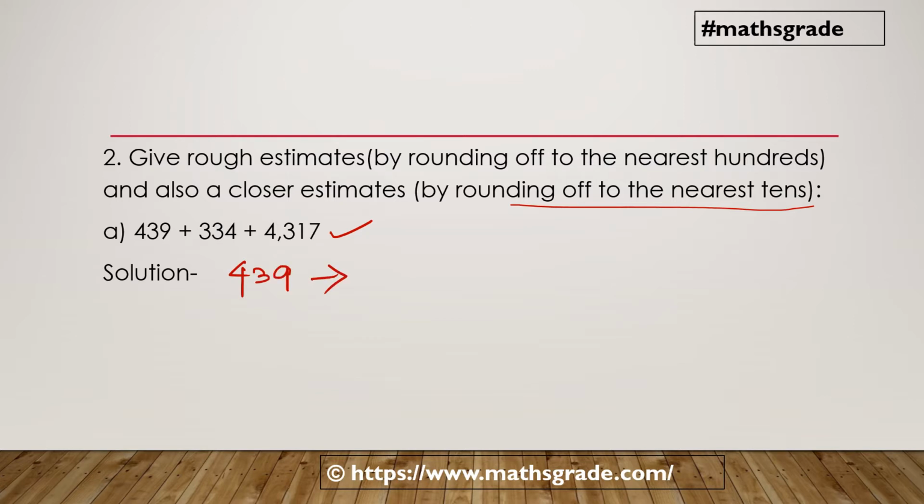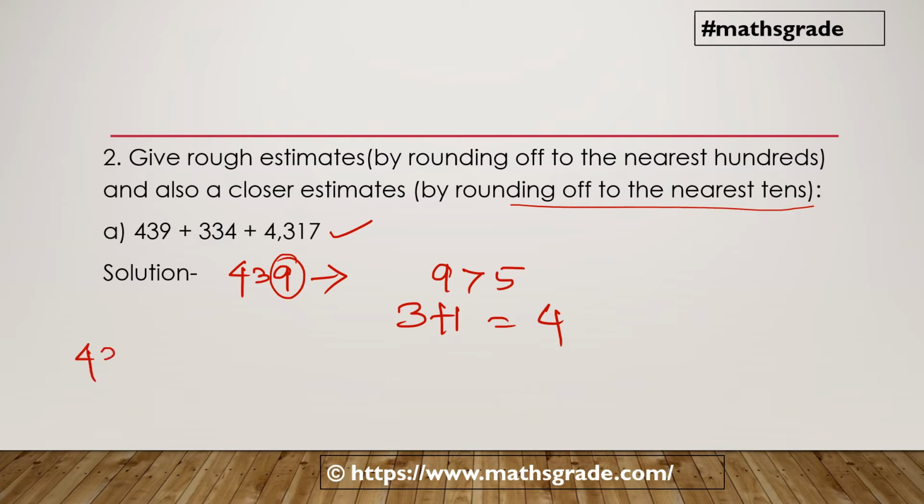When we round off to the nearest tens of any number, just look at the unit place digit. The unit place digit in 439 is 9, and 9 is more than 5. So just add 1 to the tens place digit, that is 3 plus 1, 4, and write 0 in the unit place digit, that is 9 changes to 0.